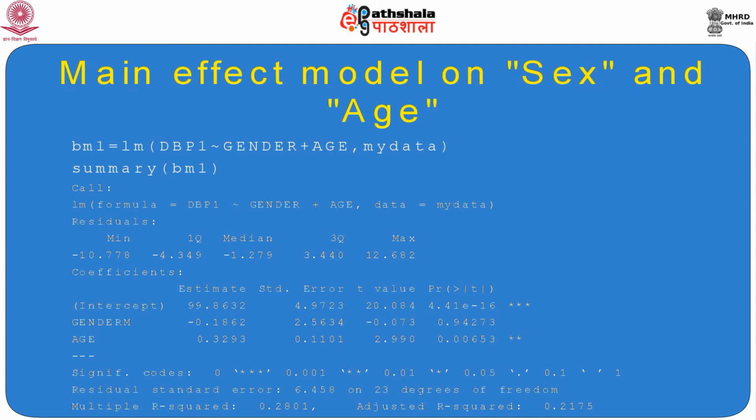For gender, since the coefficient for male is negative, it can be stated that males have lower diastolic values in comparison to females. However, that is not significant, since the p-value is 0.94, and that is the interpretation of the results.